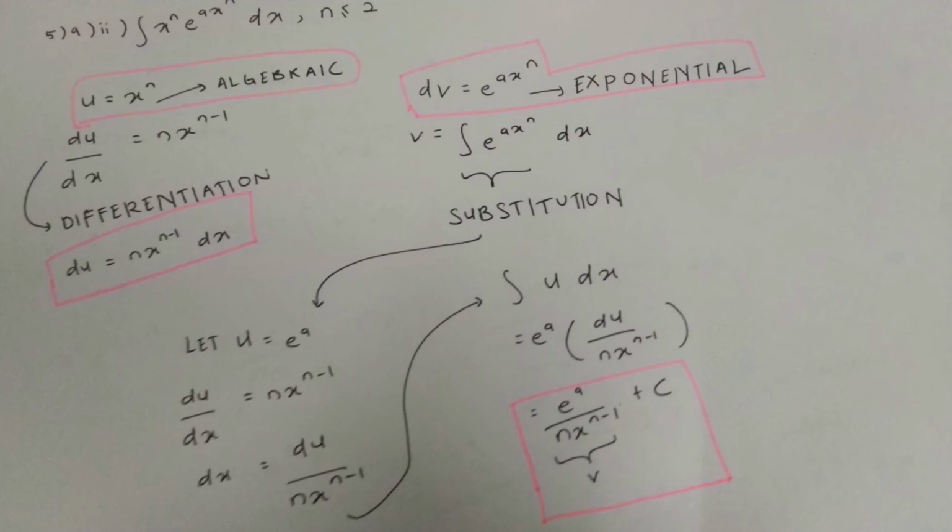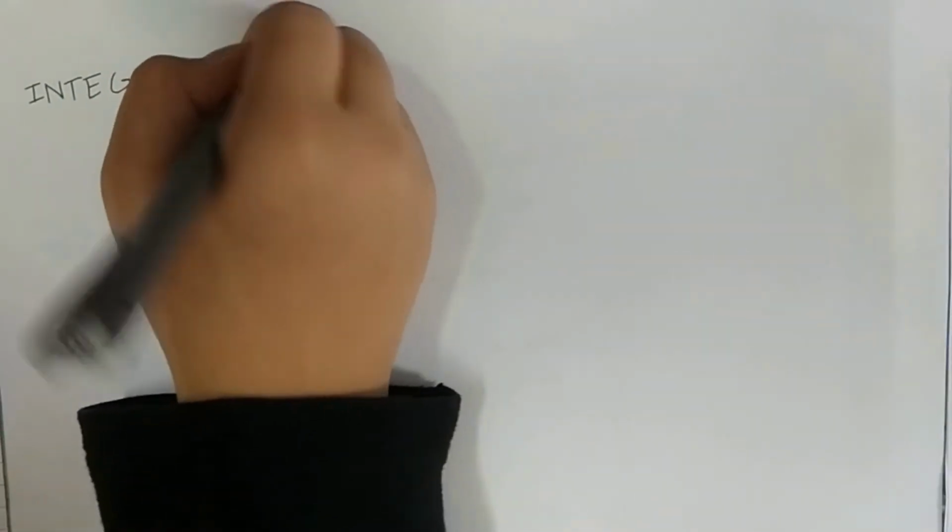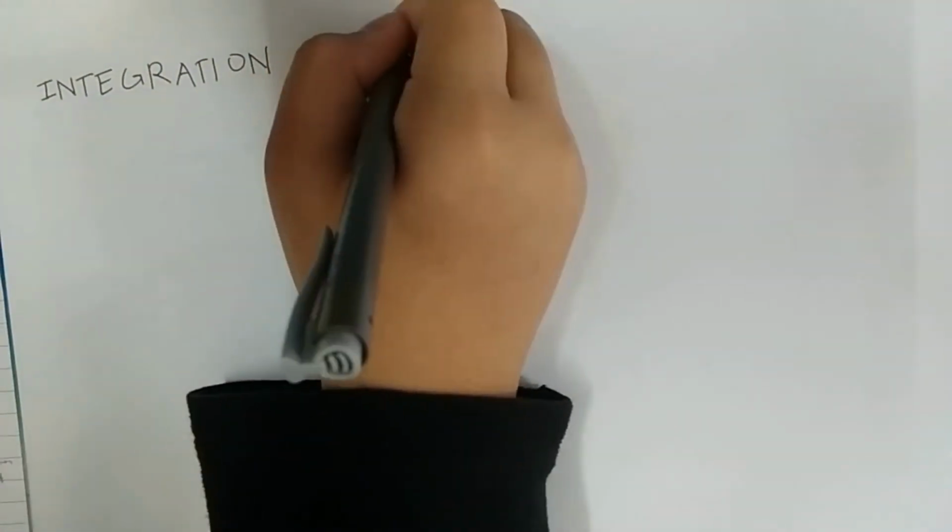To do the integration by parts, the main goal is to choose u and dv to obtain a new integral that is easier to evaluate than the original.